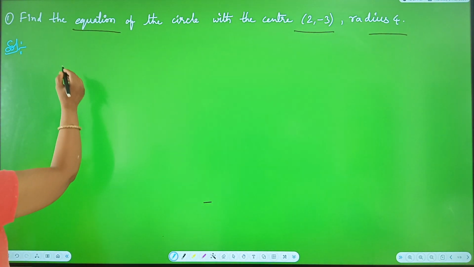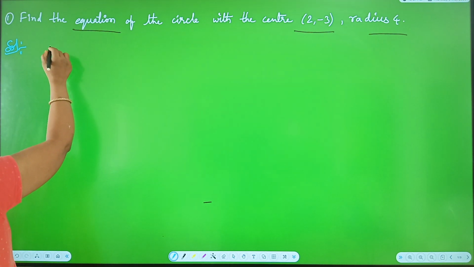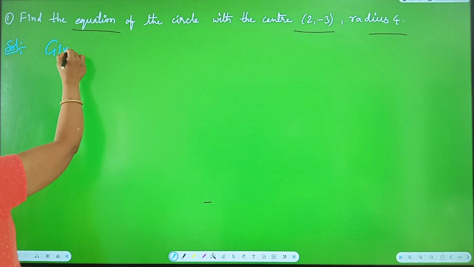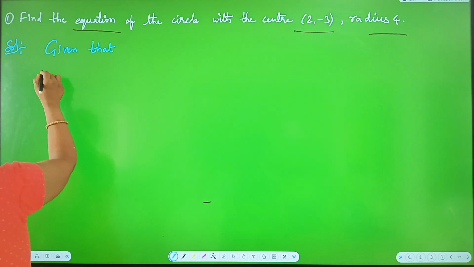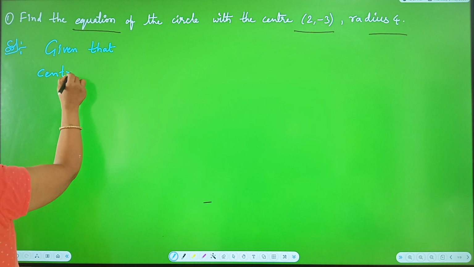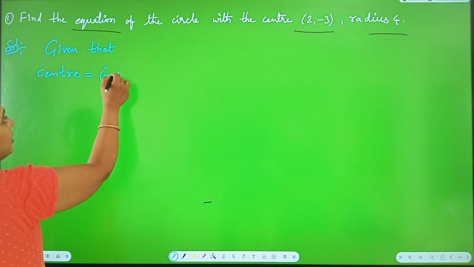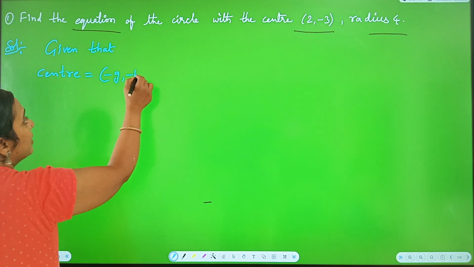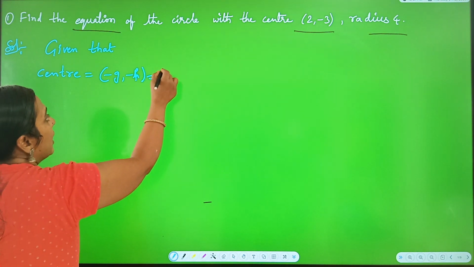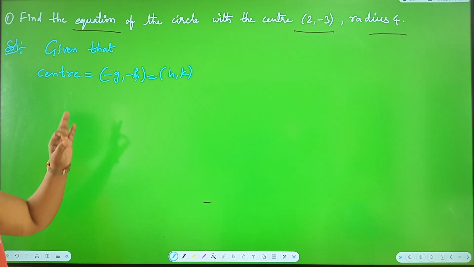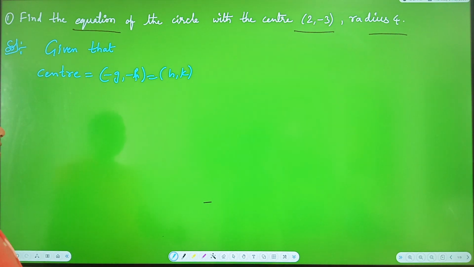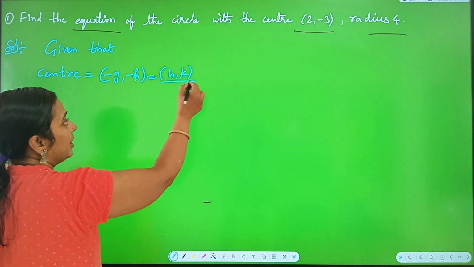Here first we write what they have given. Given that, what is the center? Center is generally taken as (-g, -f) or (h, k). Generally, if they have given the center and radius, we take (h, k).